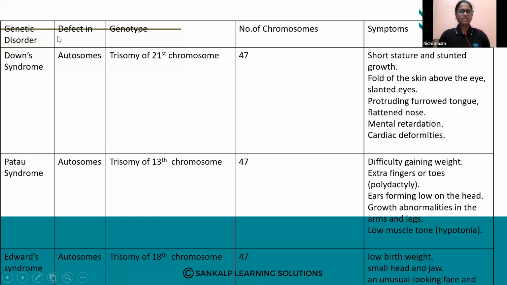First, we have 3 genetic disorders based on trisomy. The first one is Down's syndrome. It is caused by the defect.